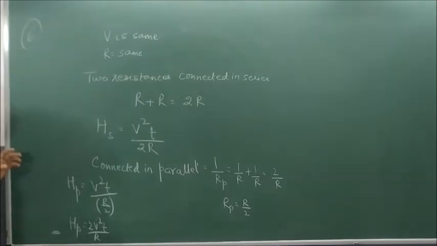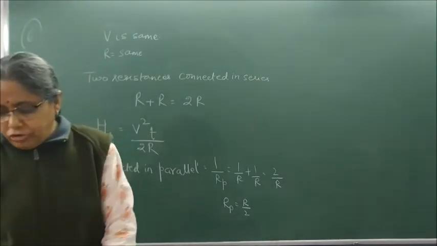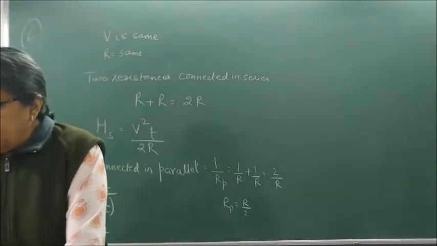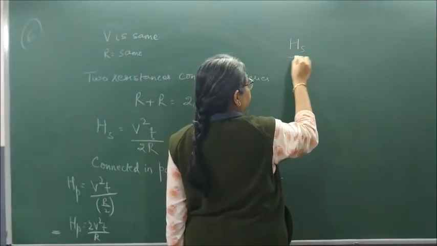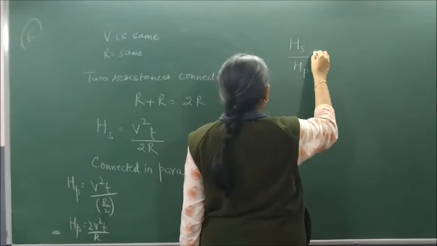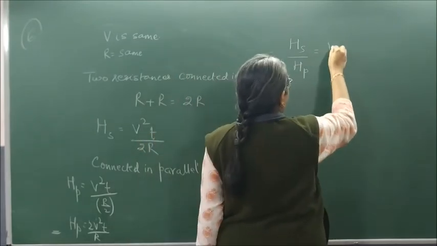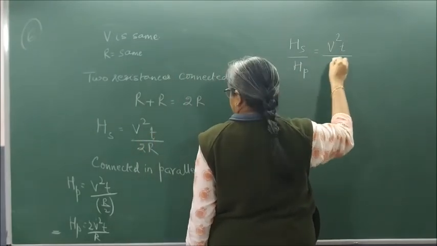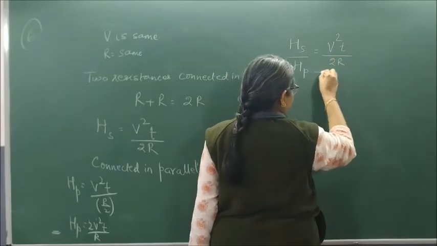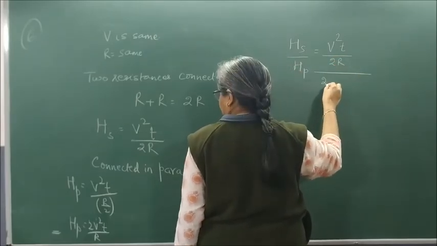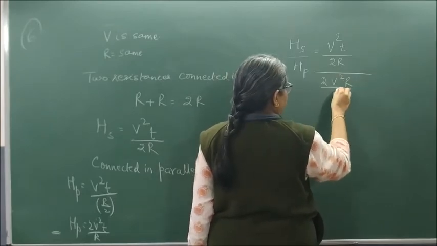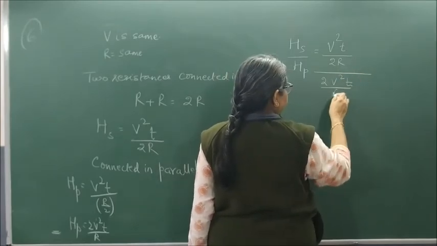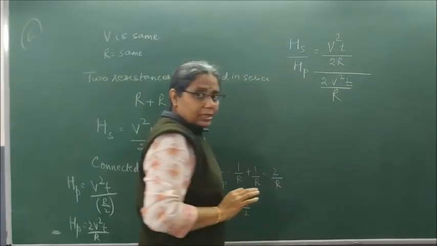Fine? Now what we have to find out? The ratio between series and parallel, so HS by HP. This is V square T by 2R, then 2V square T by R. Correct?